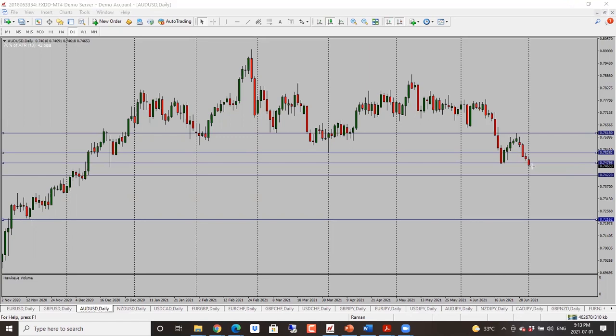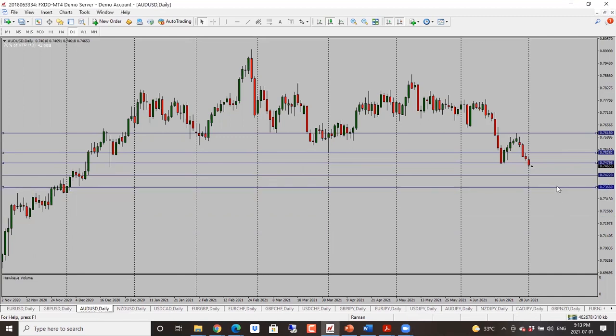So the first target here is 0.7420. So looking for a continuation move lower here, back into our support and resistance level at 0.7420. And should price continue lower, the next target is 0.7370.